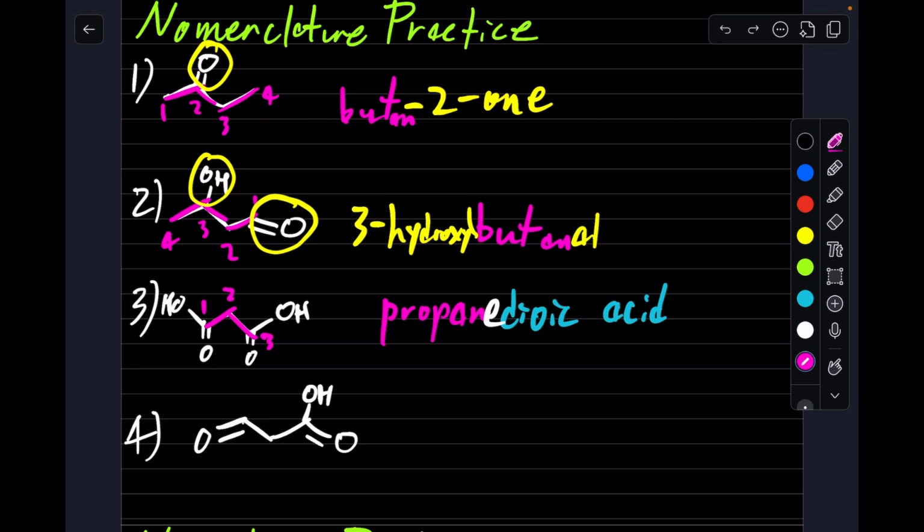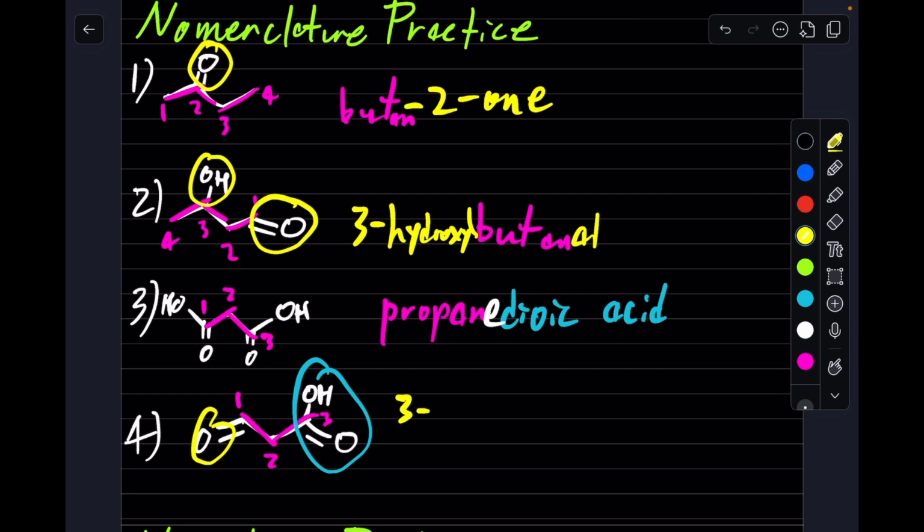Now question 4, there is another 3-carbon main chain, and there is 1 aldehyde and 1 carboxylic acid. So instead of the aldehyde being at the back, this time the aldehyde is going to be at the front.